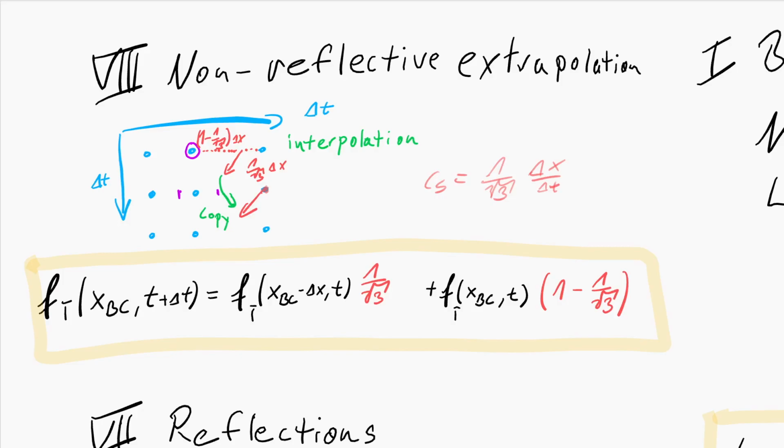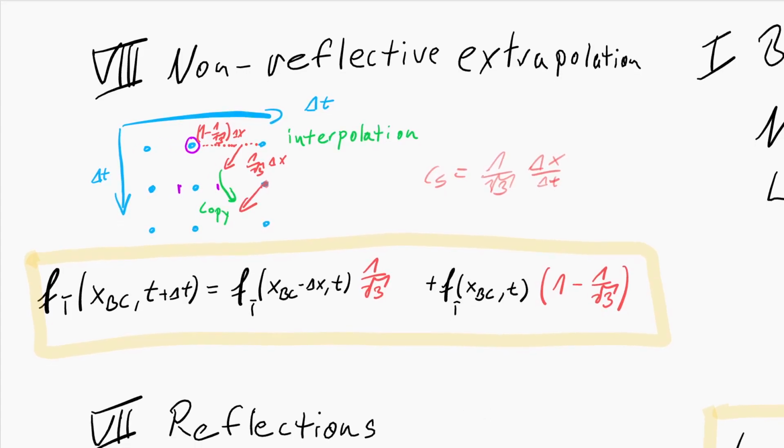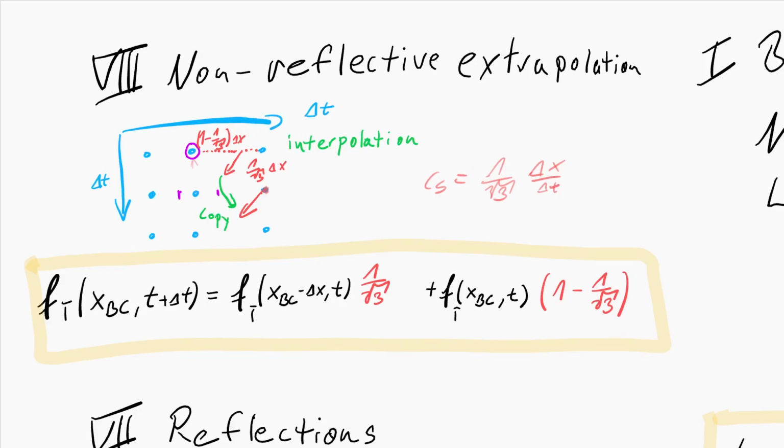And because there is no node here, we have to do an interpolation between the node next to the boundary and the node at the boundary. And then we have to write this back at the next time step. So this leads to the following interpolation, which we see here.